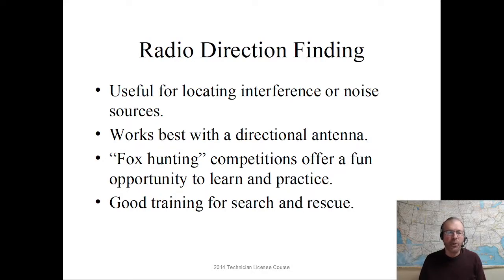They have radio collars on them, and these can be tracked by radio direction finding, which is how that's usually done. So it's a good activity to learn about, and a fox hunt, or hidden transmitter hunt they're sometimes called. Depends on where you are. Here in Minnesota we call it fox hunting, but out in California I've seen hidden transmitter hunting used much more often.